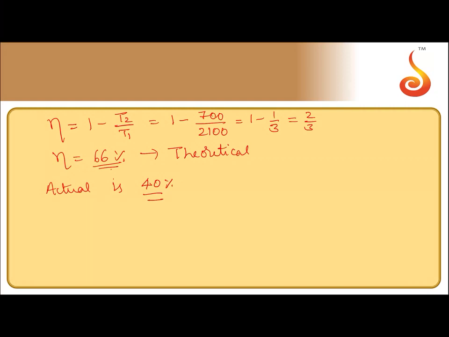So, clearly, actual is 60% of theoretical efficiency. See, 10% of 66 is 6.6, 20% is 13.2, 30% is 19.8, and so on. So, 60% is around 40%. So, actual efficiency is 60% of the theoretical efficiency.